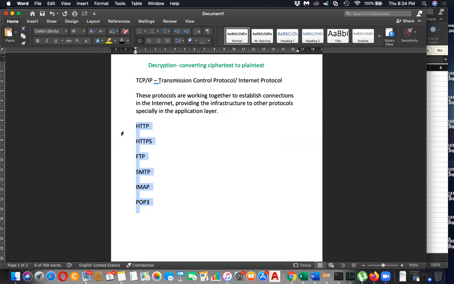This is the foundation. These are the bridges or the building blocks. On top of this foundation, these applications are working.